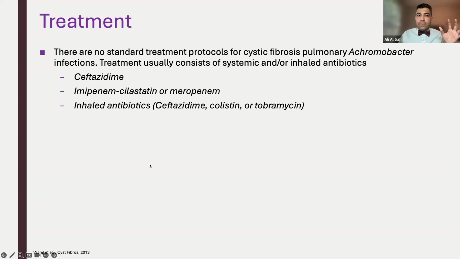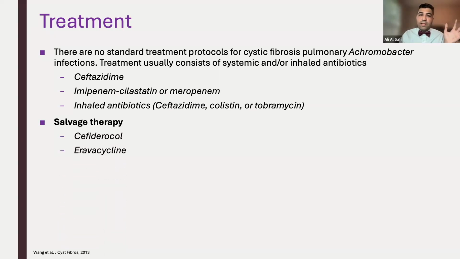These are the antibiotics that we can use, usually ceftazidime, but in our case it was resistant, imipenem, cilastatin, or meropenem, or inhaled antibiotics with ceftazidime, colistin, or tobramycin. Salvage therapy is cefiderocol, the one that we used for our case, and he did well.